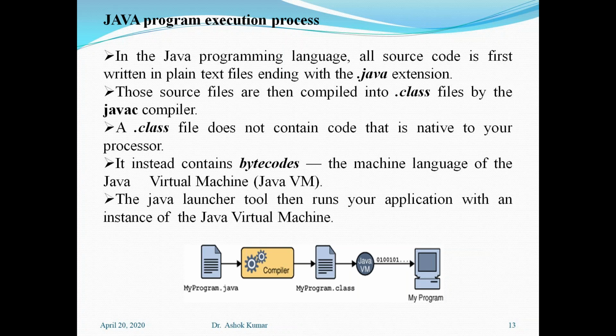So that gets created, and then we run the program using Java. And when you run the program, your program gets executed in the Java virtual machine. It's called JVM. So the Java virtual machine runs your program.